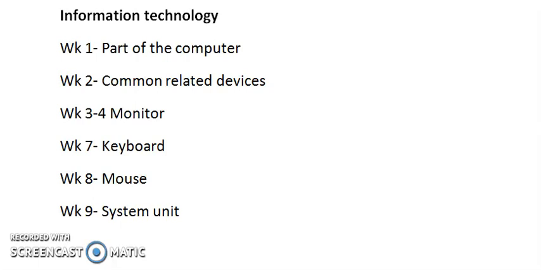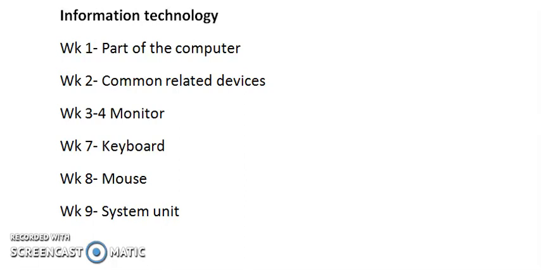Then we went on to look at the keyboard. The keyboard is an input device, and it is used to input things into the computer. The keyboard has a lot of keys on top of it.